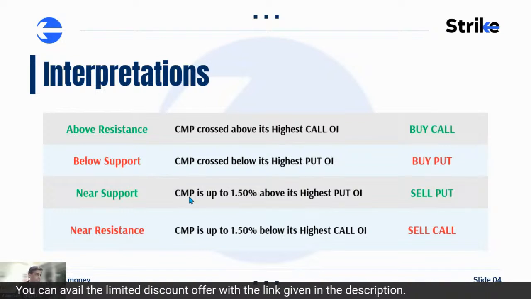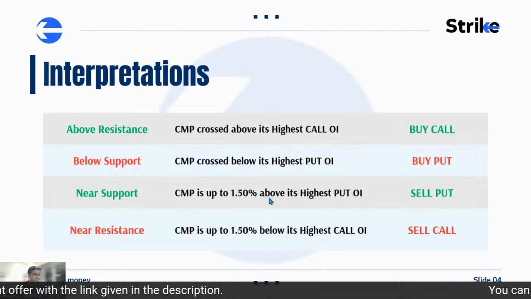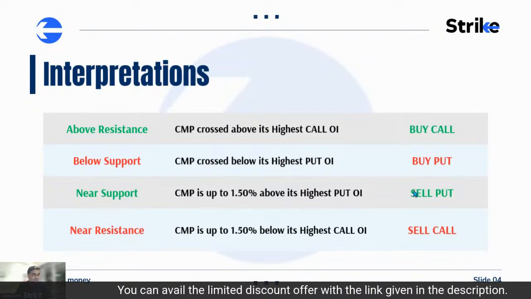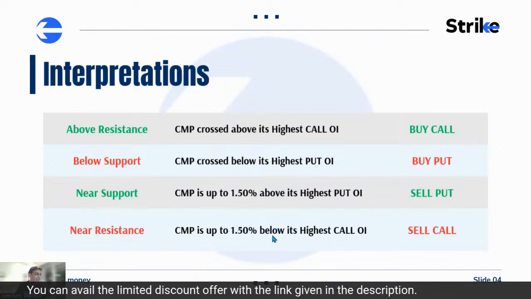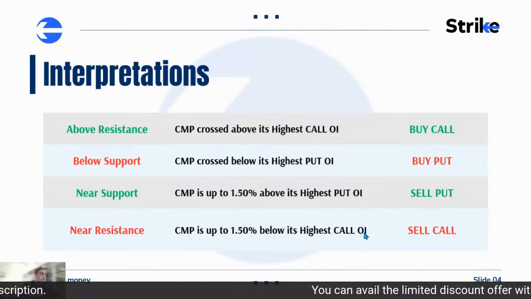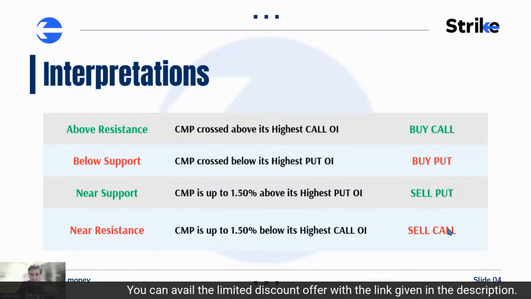When the market price is within around 1.5% of the range, somewhere near and above the highest put OI, it means it is near support. We will sell a put at that time. And if we feel that a particular stock is near a resistance, just a little bit below where the highest call OI is built up, we will sell a call over there. All right.